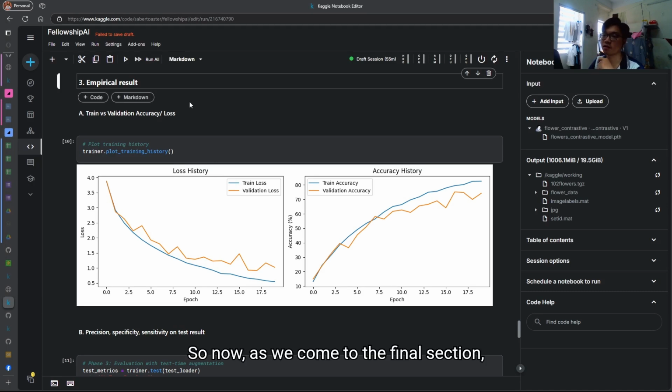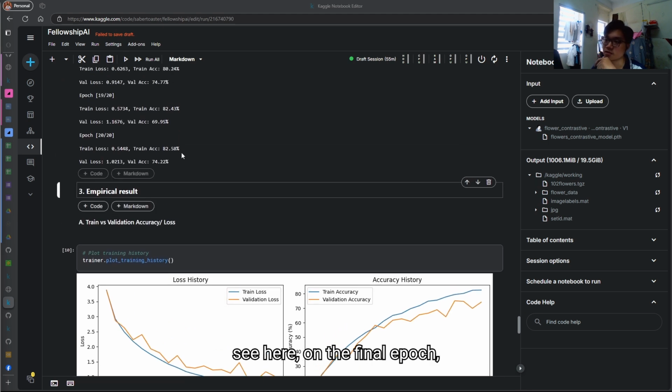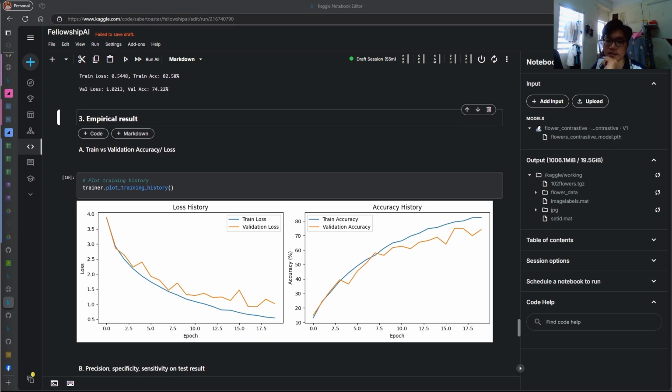Okay, so now as we come to the final section, the empirical results, this demonstrates the effectiveness of this approach. As you can see here, at the final epoch, the training accuracy stays at around 82%, and the validation accuracy is about 74%.